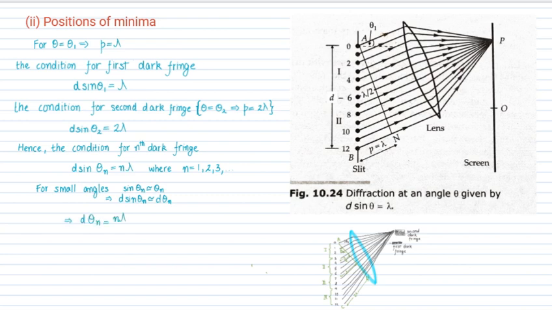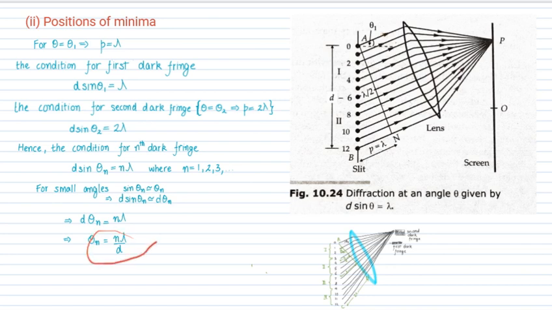So using this expression, I can write d theta n equals n times lambda. Fine, I can write this condition here. Sorry, I can send this d here in the denominator.